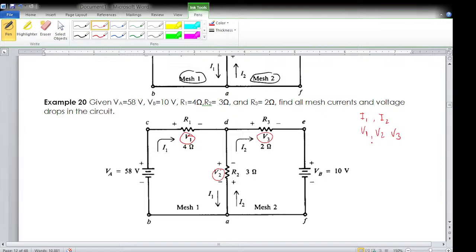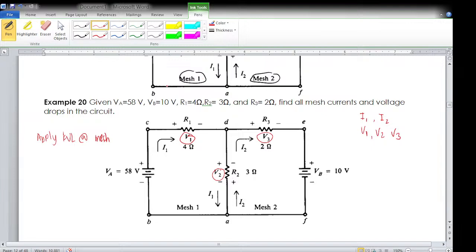Now, what are our steps? Determine the mesh, determine the direction of the mesh current. So what is the third step? We will apply KVL in each mesh. So, apply KVL at mesh 1.